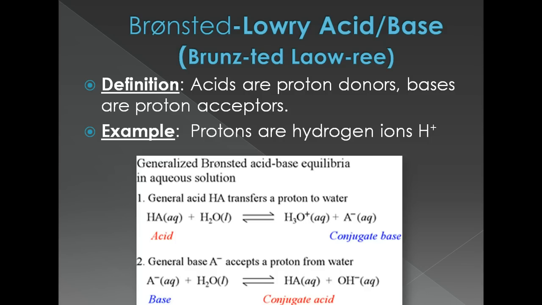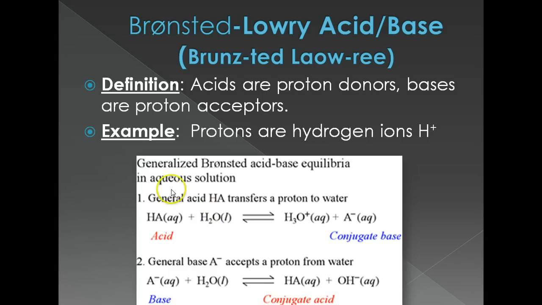Bronsted-Lowry acids and bases. By this definition by Bronsted and Lowry, two scientists, acids are proton donors and bases are proton acceptors. So in the example, we see the general acid HA plus water, which can act as both an acid and a base, becomes H3O plus because the water acted as a proton acceptor.